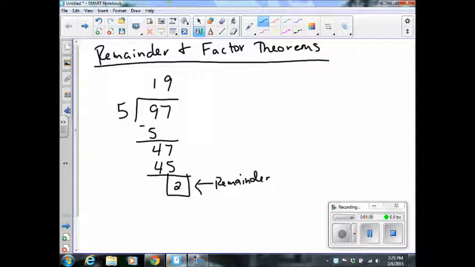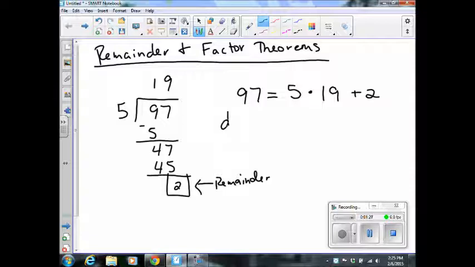So we know that 97 equals 5 times 19 plus 2. Well, our remainder theorem is actually very similar to that when we're working with our polynomials.